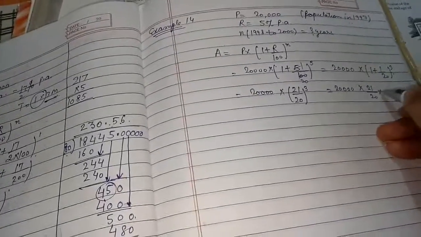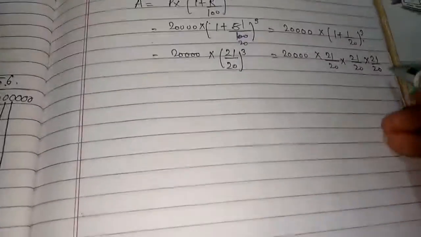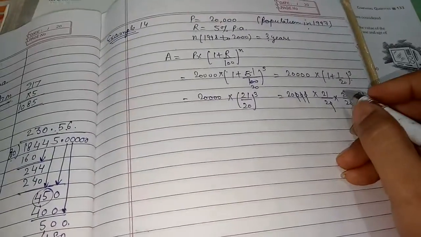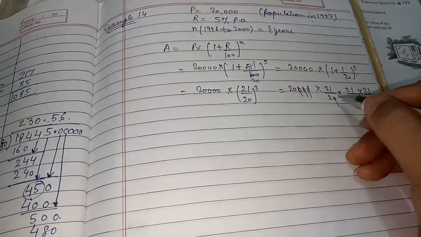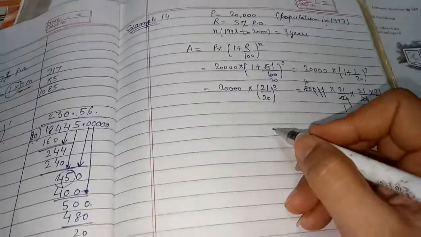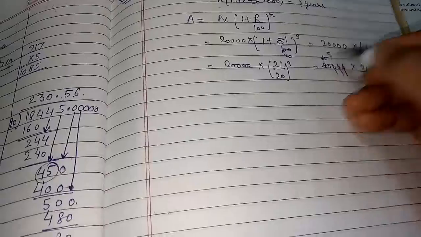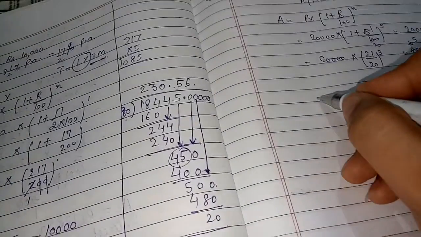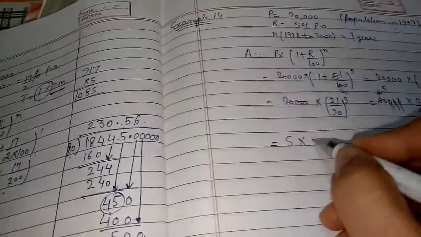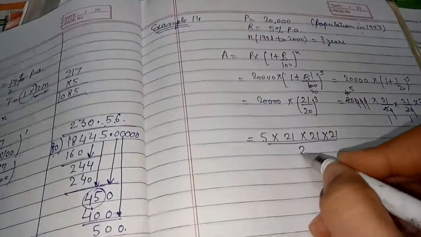Multiplying it 3 times, cancelling the zeros, 1, 2, 3, cutting with 1, 2, 3 zeros, and reading the table, 2 ones are 2, 2 tens are, 2 fives are, we shall be left with 5 multiplied by 21 multiplied by 21 multiplied by 21, divided by 2.